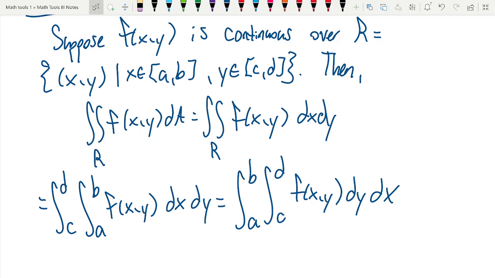There's also a successor to this theorem called Tonelli's theorem, or sometimes they're combined and called the Fubini-Tonelli theorem. Different sources always do different things, but Tonelli's theorem weakens the conditions even more. The condition here is basically that f is Riemann integrable. Tonelli's theorem doesn't even need that.